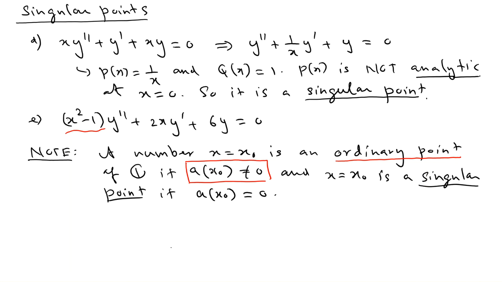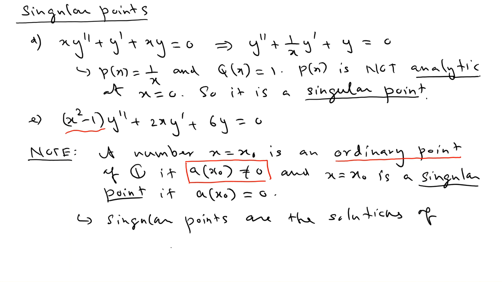According to that argument, in this case the singular points are the solutions of x squared minus 1 equals 0, because that's the coefficient function, so we set it equal to 0.